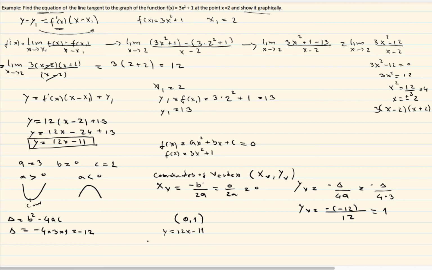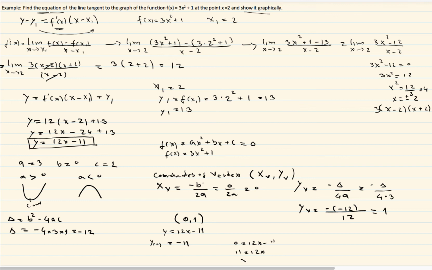At one point, x is equal to 0. So y, when x is 0, is equal to minus 11. And at the other point, the value of y itself is going to be 0. So we have 0 equals 12x minus 11, meaning that 11 equals 12x.